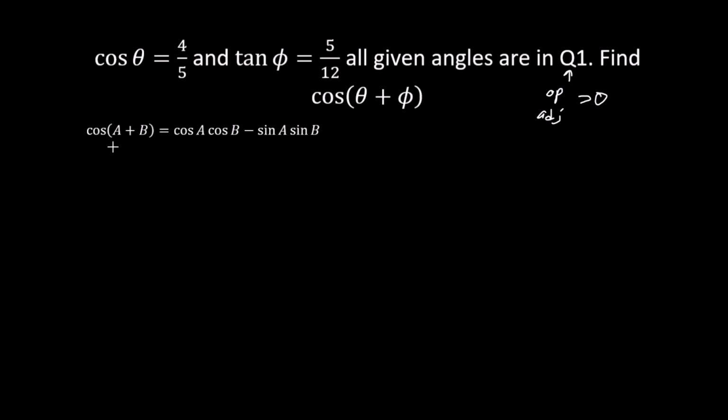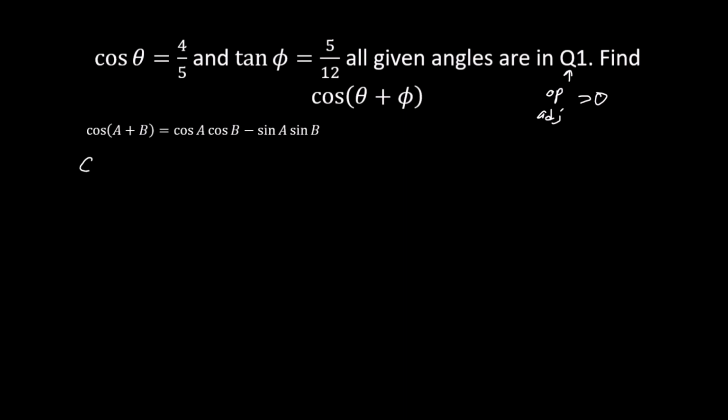So I've put down the summation formula here, but something that somebody might be uncomfortable with is the fact that this says a and b, and these say theta and phi. Well, it doesn't matter, they're just variables. If I'm given these two variables, I should use those two variables.